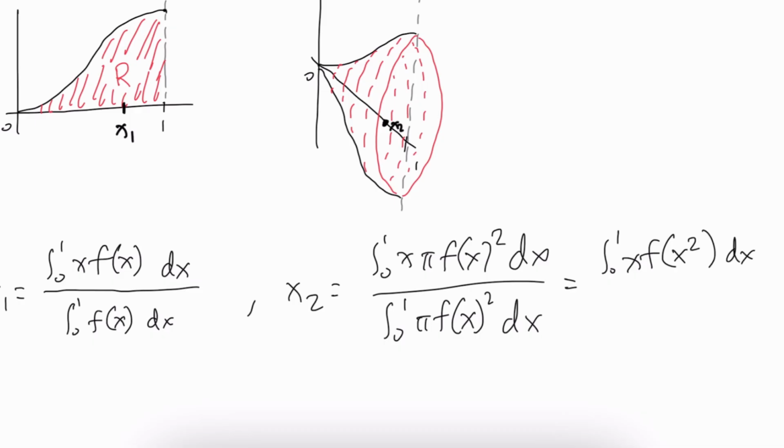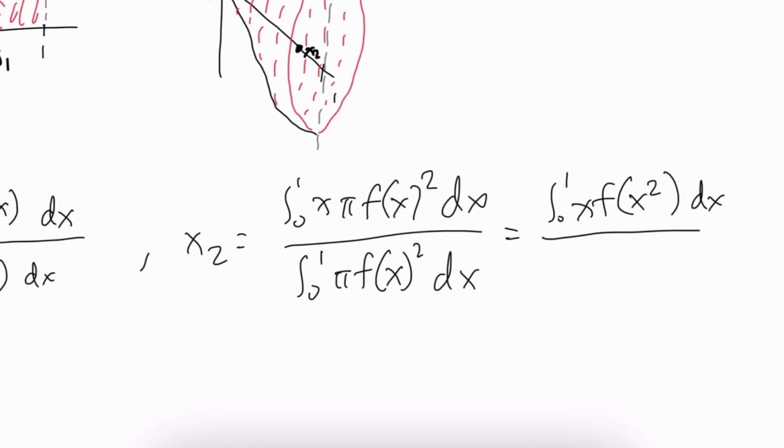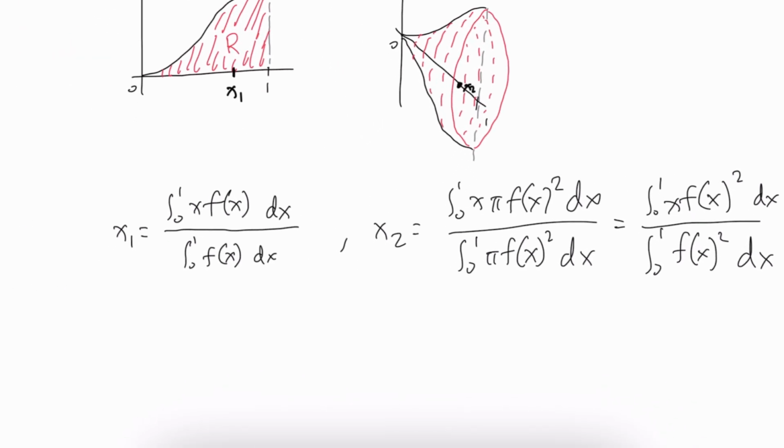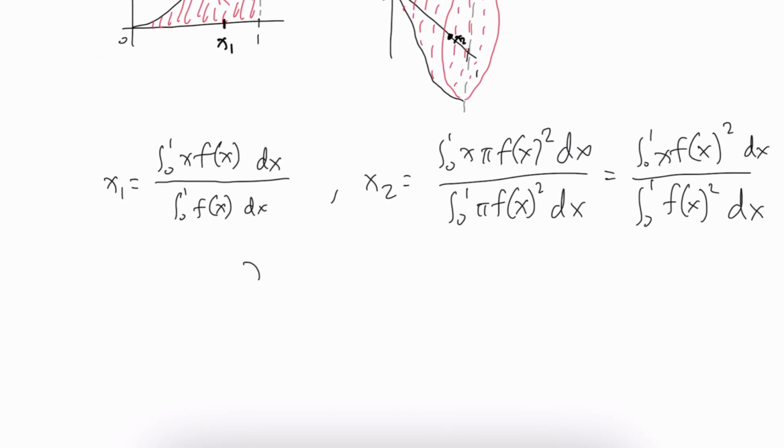So x2 is the integral from 0 to 1 of x times f of x squared, all over the integral from 0 to 1 of f of x squared dx. Now we wish to prove that x1 is less than x2.